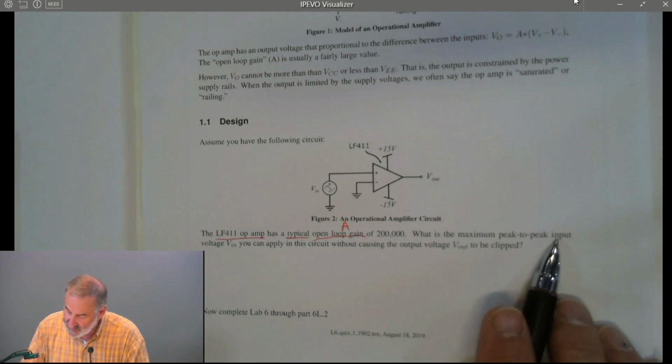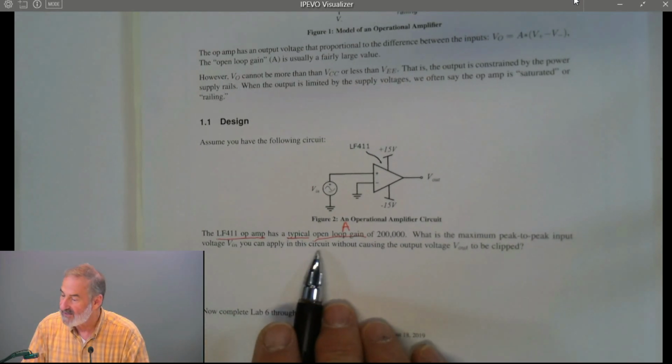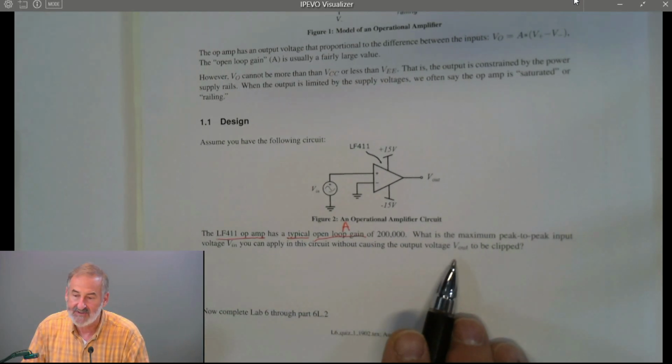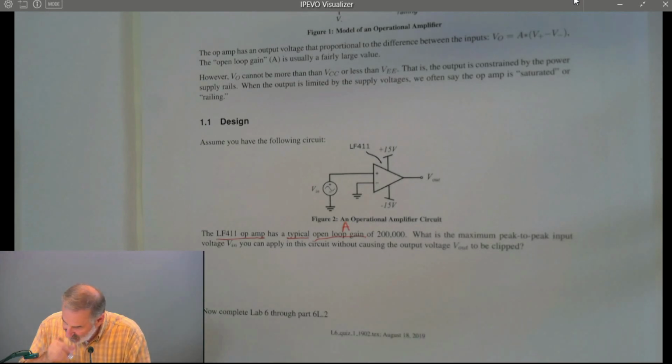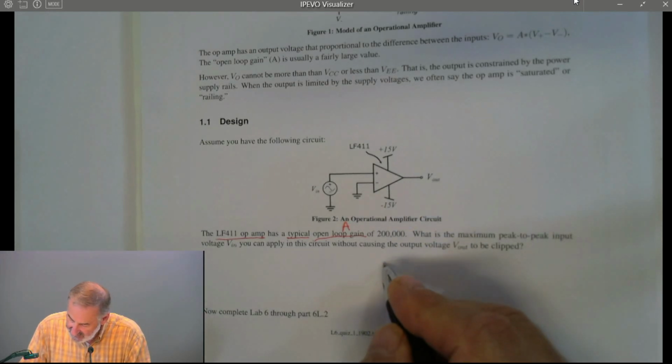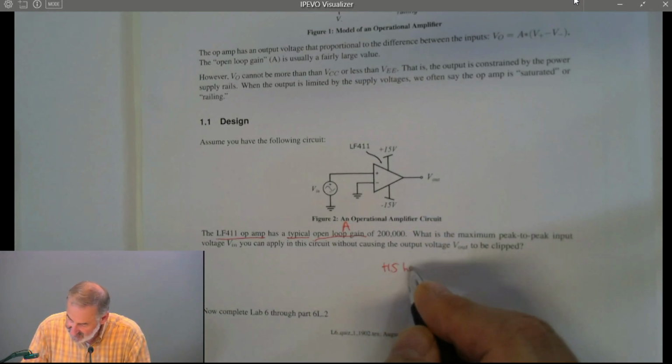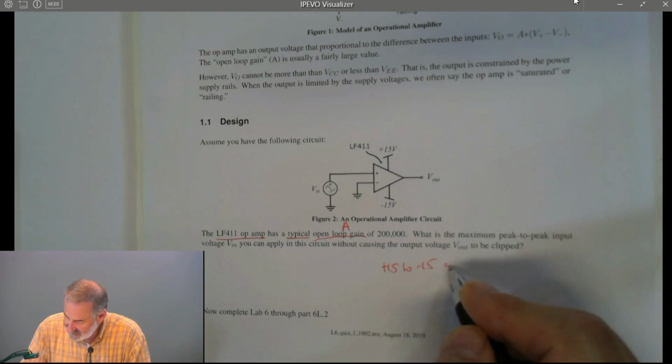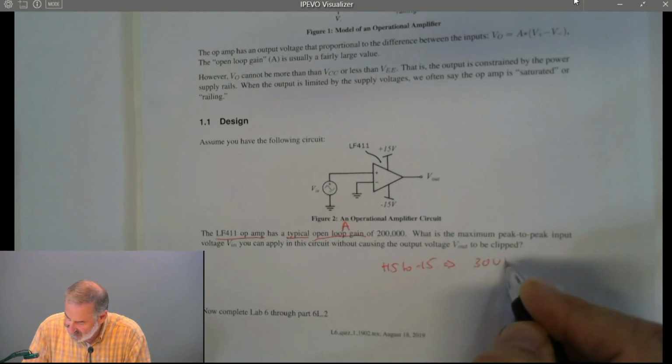We want to know what the maximum peak-to-peak input voltage you can apply in this circuit without causing the output to clip. Well, we know the output can be plus 15 to minus 15, 30 volts peak-to-peak.